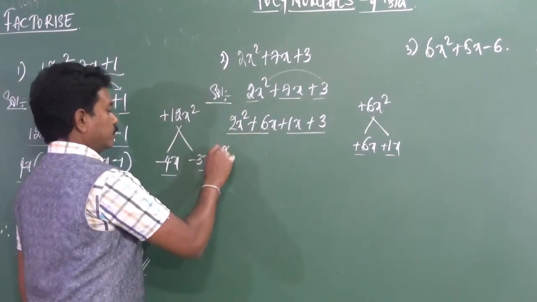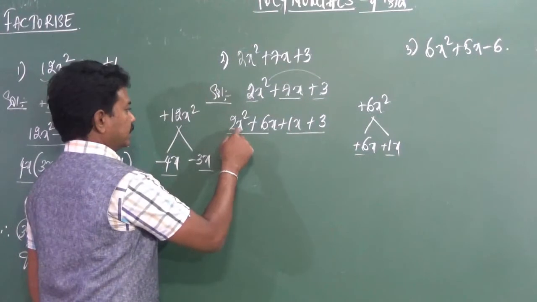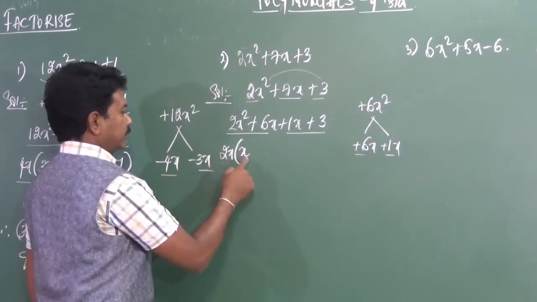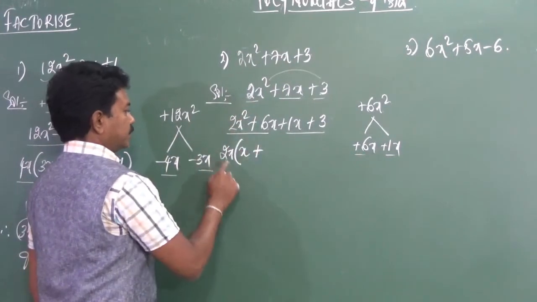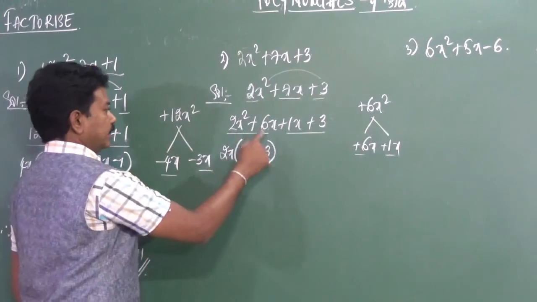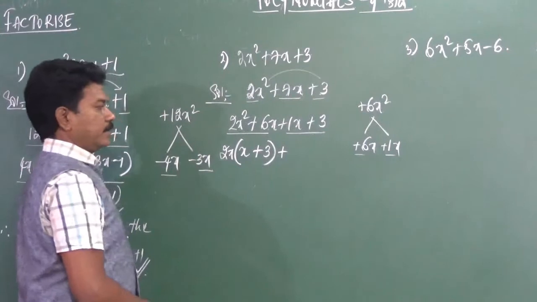So when you take 2x as common, to get this 2x square, what should be multiplied? So very simple, it is x. So 2x into x is 2x square plus 2x into what gives you 6x? That is 3. So 2x into 3 is 6x.